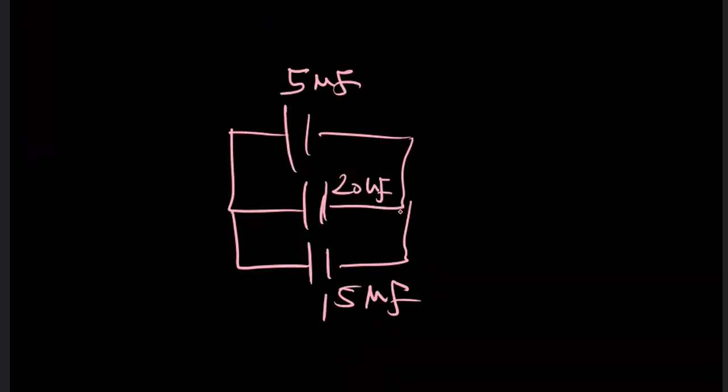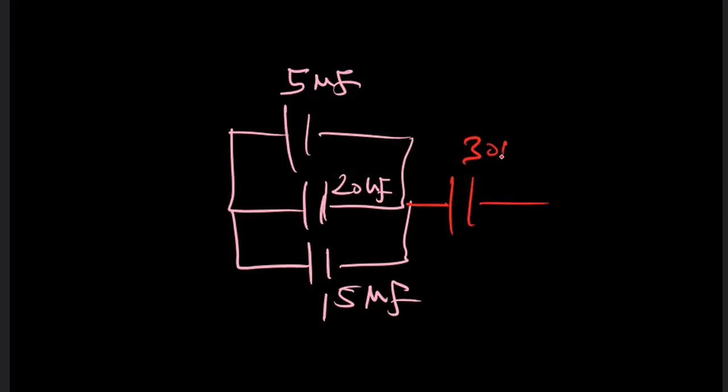Right. So let's draw it. BC 30 microfarad. So this is C, this is B. I can add these three now because these three are, you can see it, parallel. So 5 plus 20 and 15. Yes, you can add it. 25 plus 15, yes, 40.